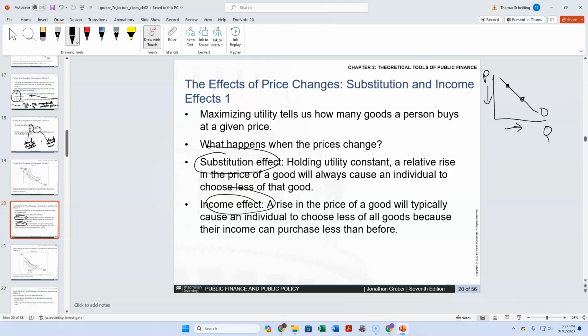In the substitution effect, we are holding the utility level constant, and in the income effect, we're holding the price of the goods constant. In the substitution effect, what we're saying is what happens to the individual as a good becomes cheaper, relatively speaking. And with the income effect, we're saying, what do we do when we feel richer?